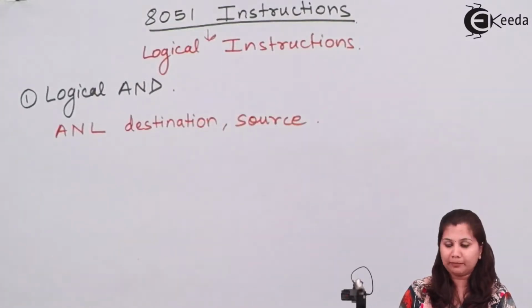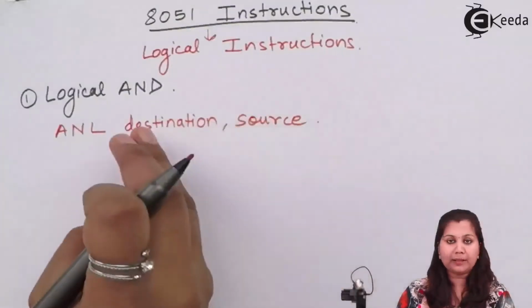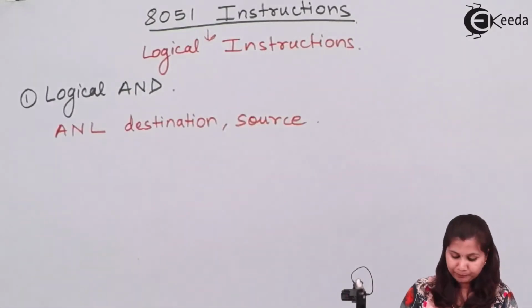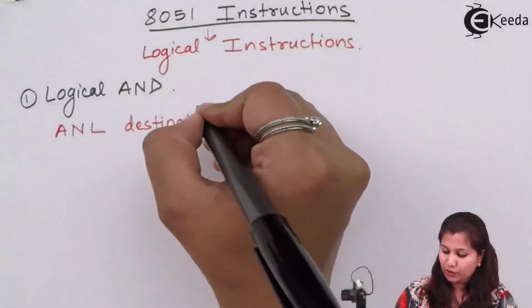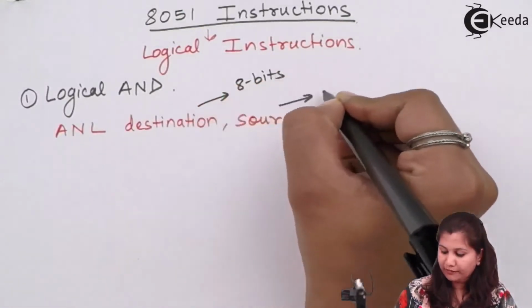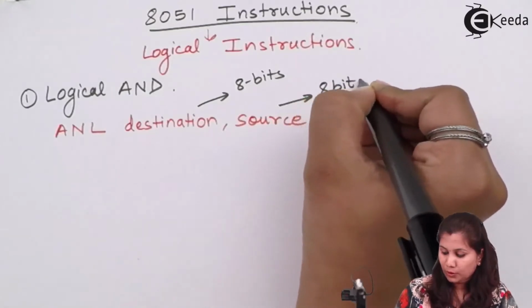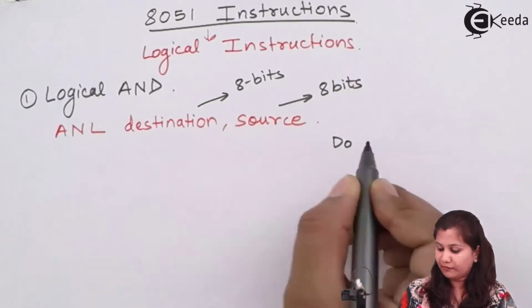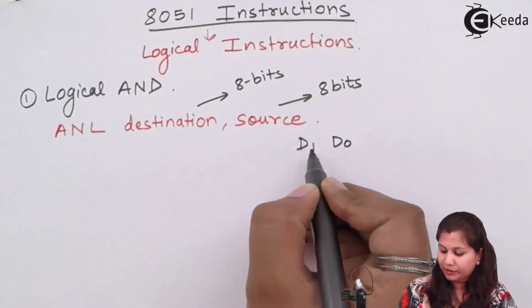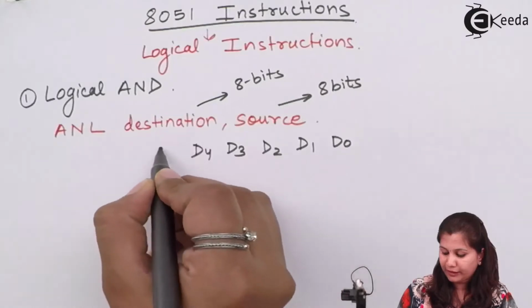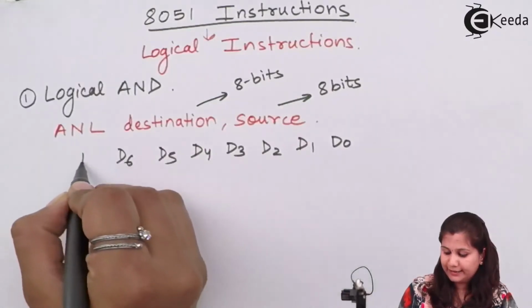These two 8-bit numbers are going to be ANDed bit by bit. The destination will have 8 bits and the source will also have 8 bits. So the D0 bit of both source and destination will be ANDed, then D1, D2, D3, D4, D5, D6 and D7.